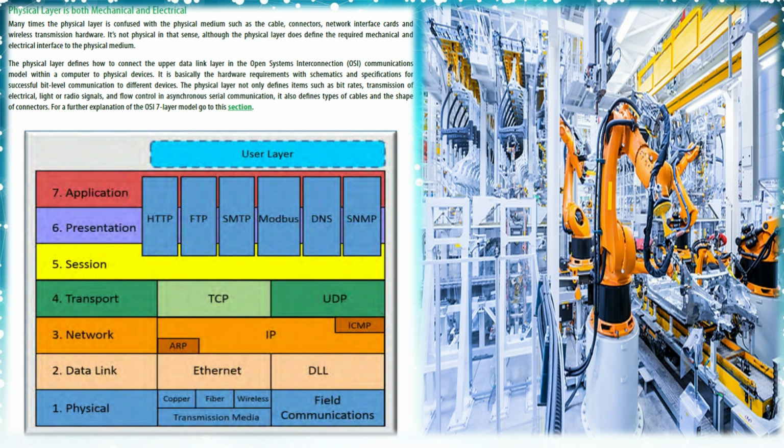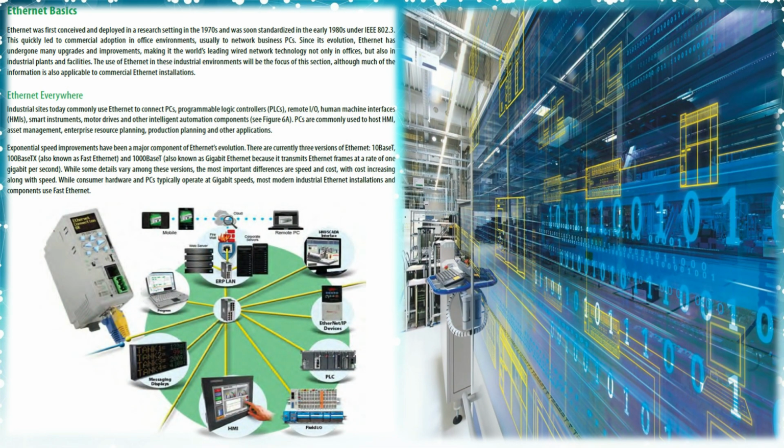PLCs are divided into three types based on output, namely relay output, transistor output, and triac output PLC. The relay output type is best suited for both AC and DC output devices. Transistor output type PLC uses switching operations and is used inside microprocessors.